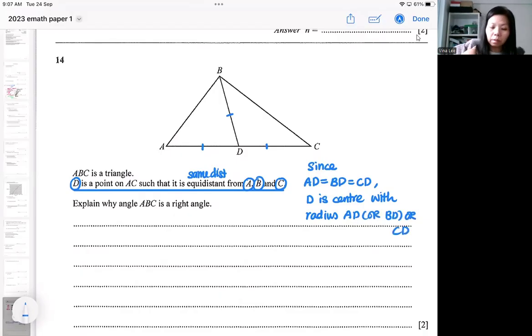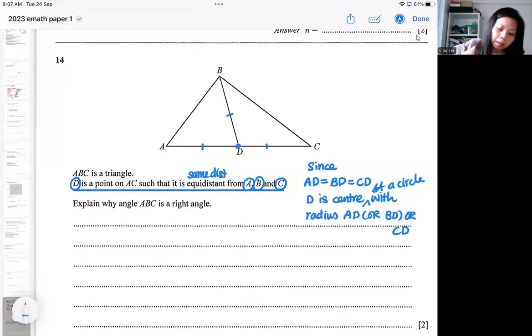So because of this, you can see this is the center of a circle. Since these three lengths are the same, D is the center.